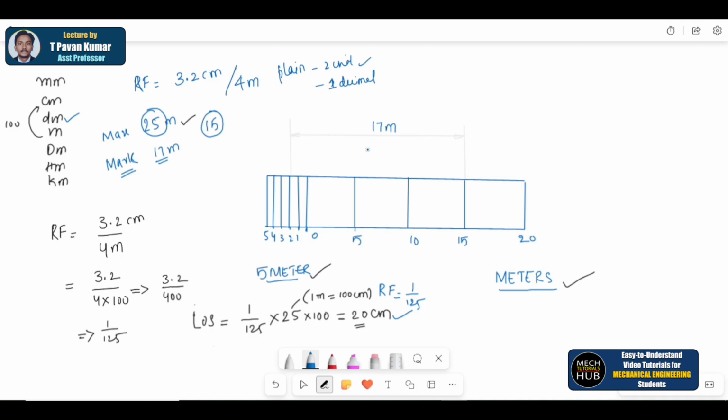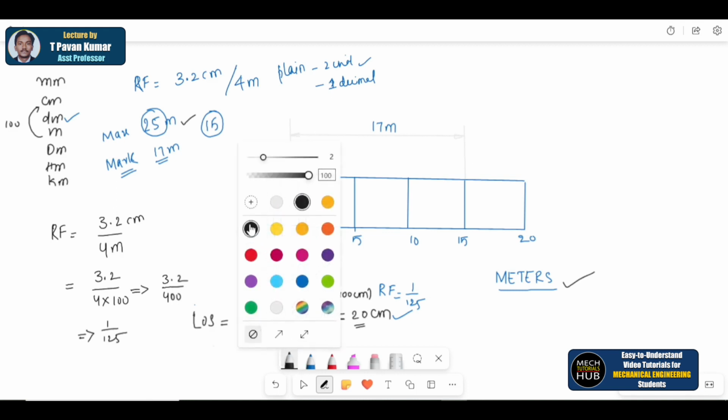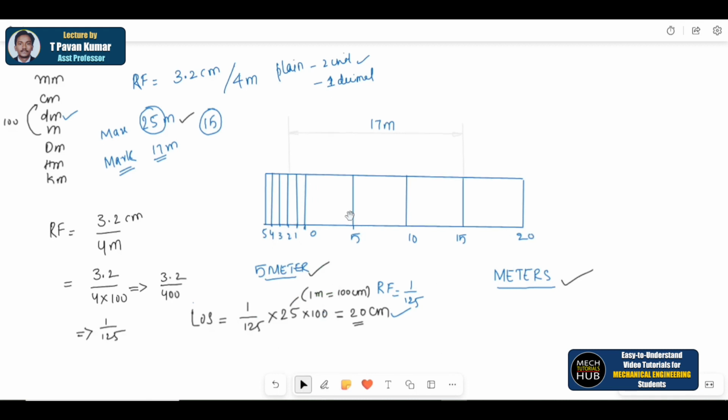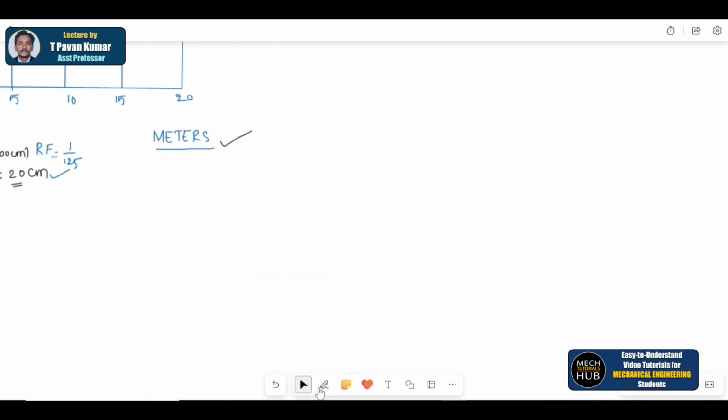Now the case might be different. Now whatever the unit we are measuring is in centimeters and millimeters. For example, few problems are there. They might give you problems based on, let me show you. Let me shift this. The problems might be different.